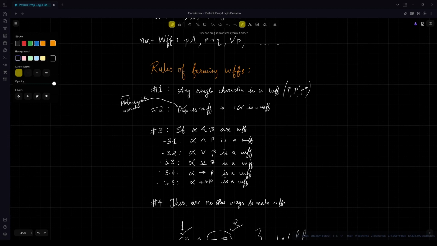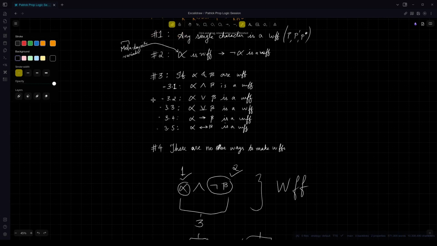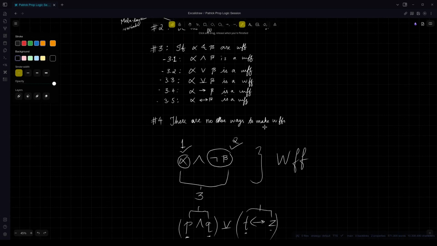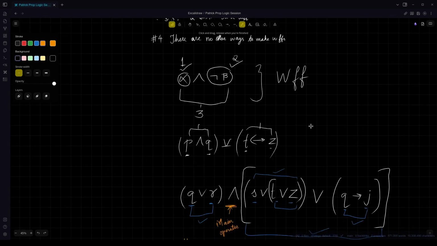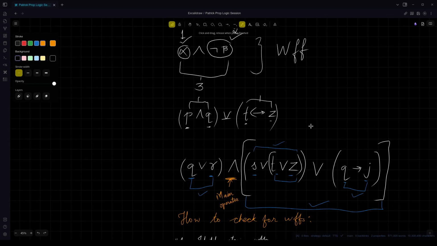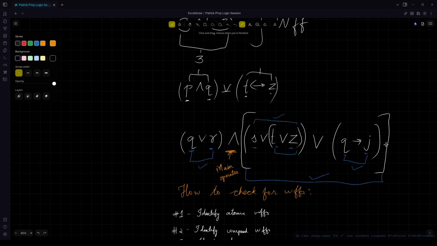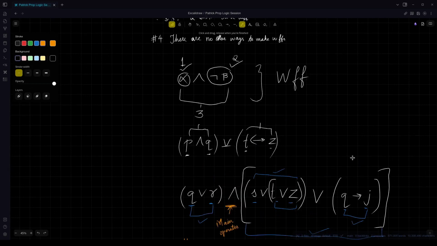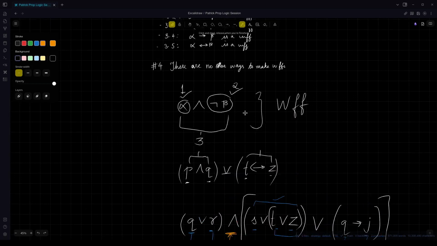Rule 2: if any formula is a well-formed formula, then its negation is also a well-formed formula, and so on and so forth. We're not going to read everything, but there are different rules for constructing well-formed formulas, and we try to prove that something is a well-formed formula by just applying the rules, right?